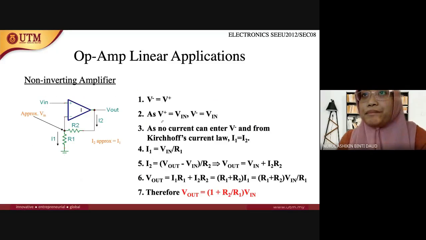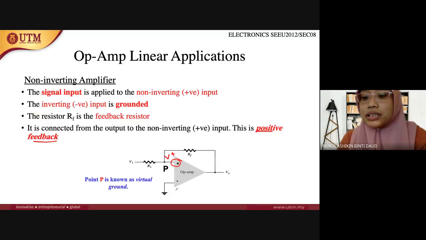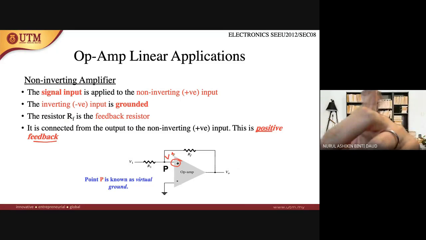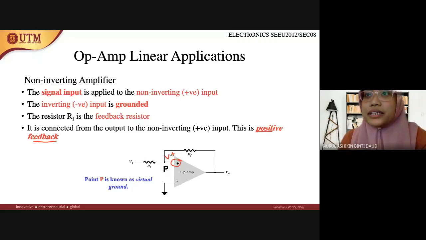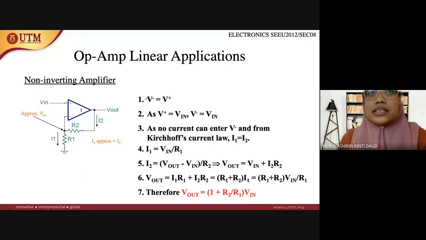It's grounded. And we know that usually currents we consider flow from positive to negative, so it will flow from positive here to negative here. Now V positive equals V in. Since V positive equals V in, automatically V minus also equals V in.